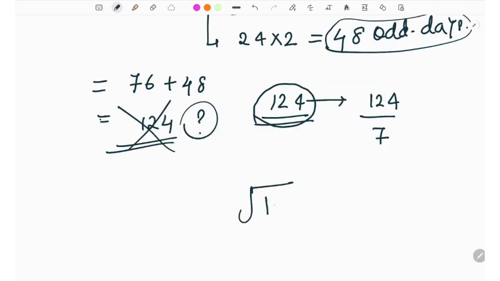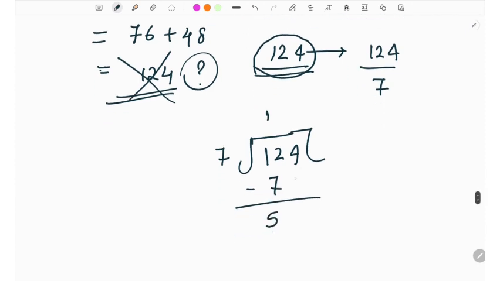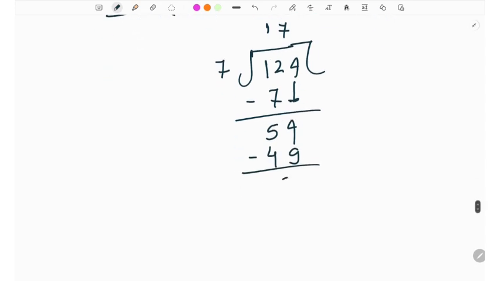So if I divide 124 by 7, 7 ones are 7, 5 left, 4. So 7 sevens are 49. I'll get a remainder of 5 days. So what does this remainder actually denote, student?